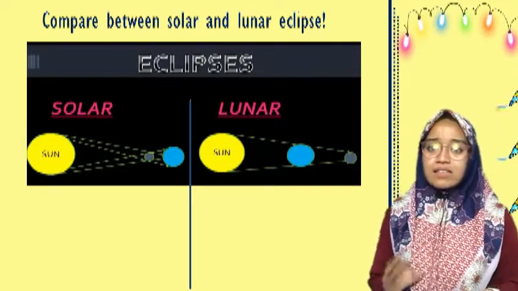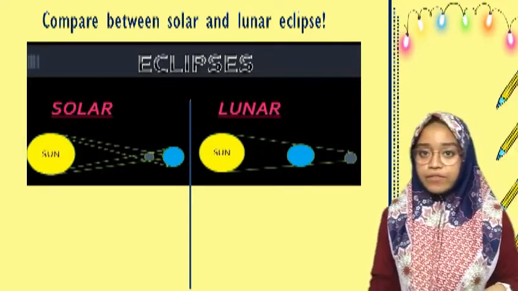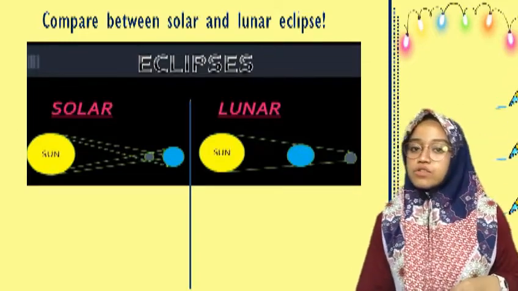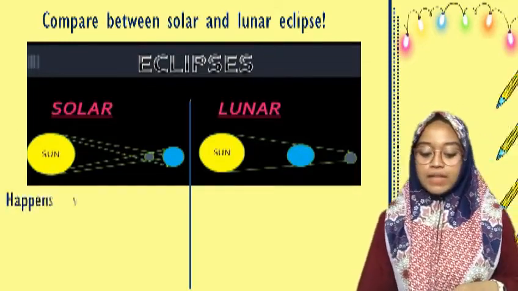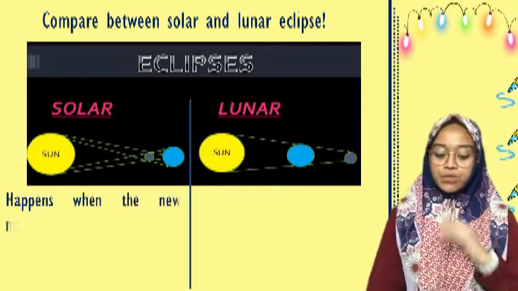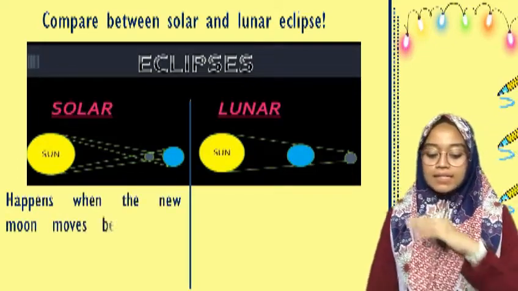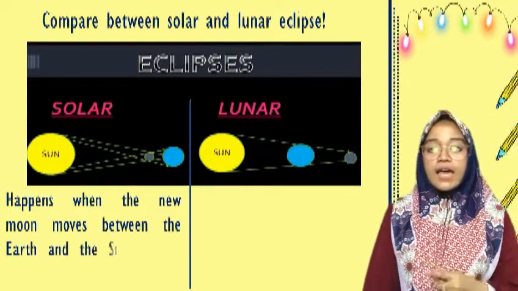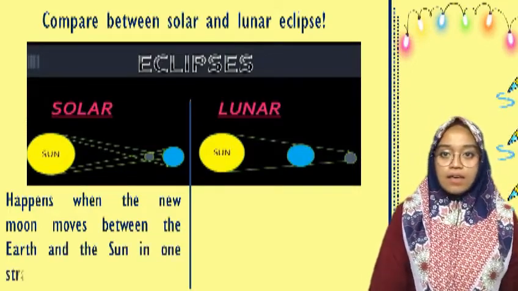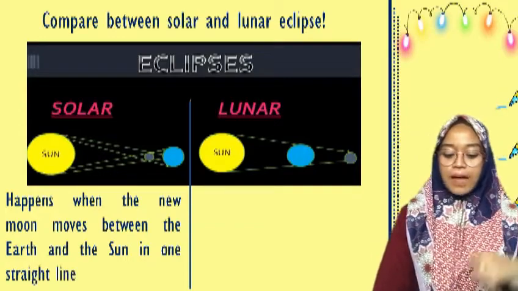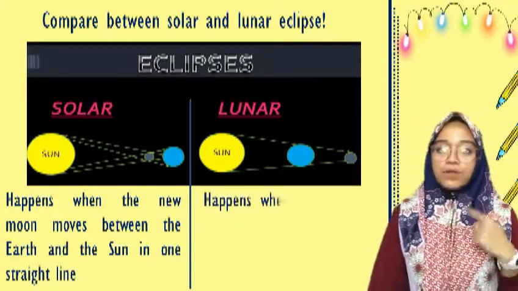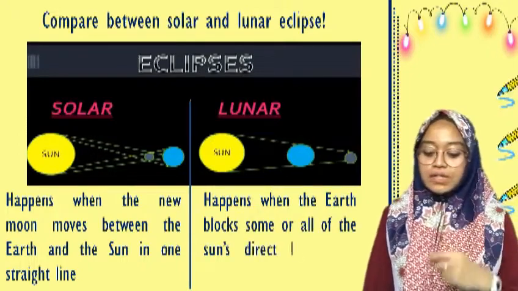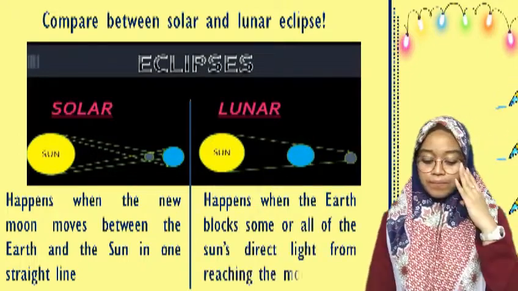And then the next step, you have to write an explanation about the picture. A solar eclipse happens when the new moon moves between the earth and the sun in one straight line. And a lunar eclipse happens when the earth blocks some or all of the sun's direct light from reaching the moon.